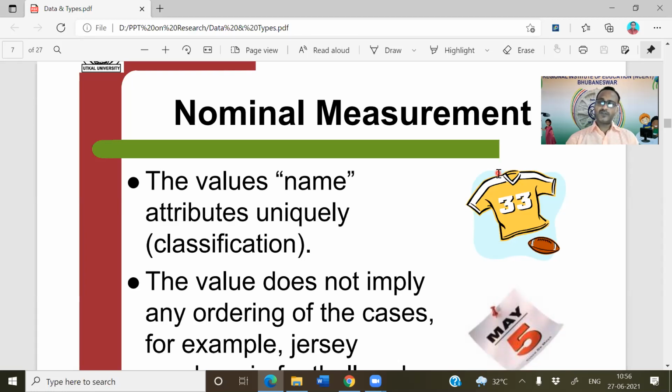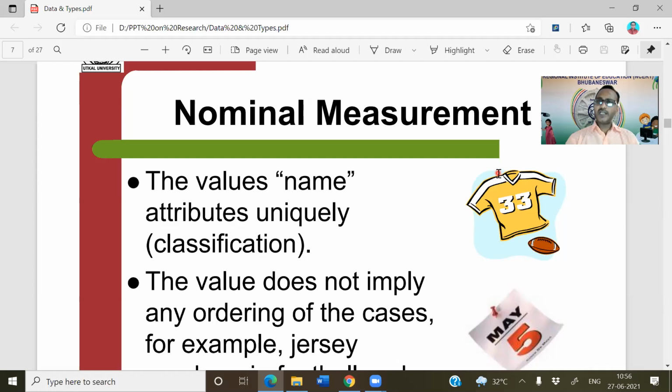Sometimes 99 is the number of Sachin Tendulkar. Some people have number 2, some people have 22. What does it mean? Does it talk about something, that Sachin Tendulkar is superior or Sachin Tendulkar is inferior? Definitely no. These are the numbers given to identify a particular player from the back.